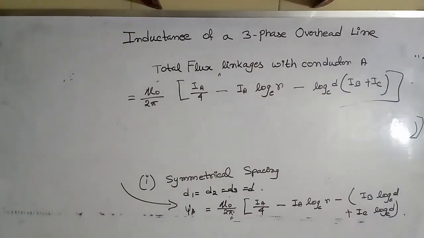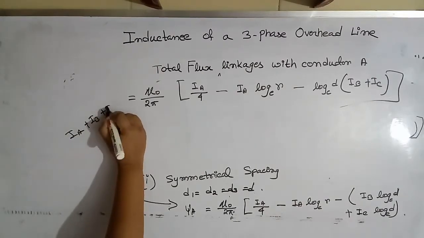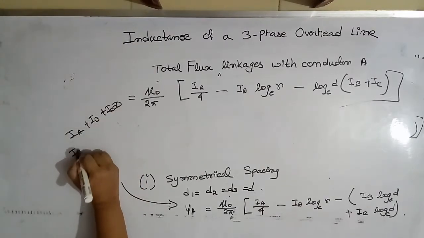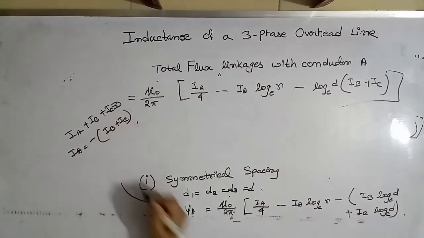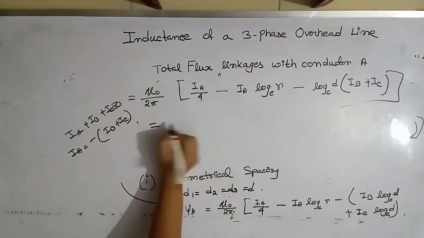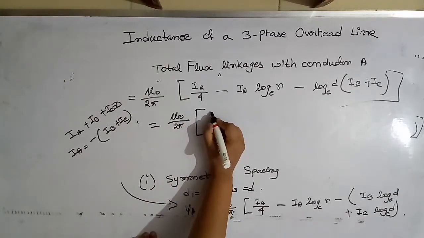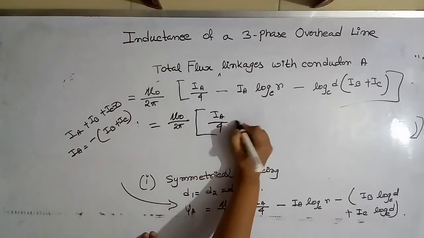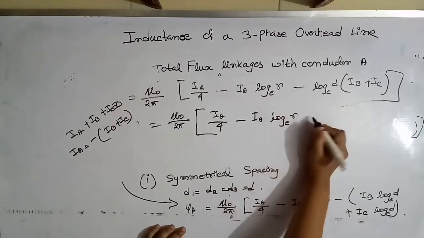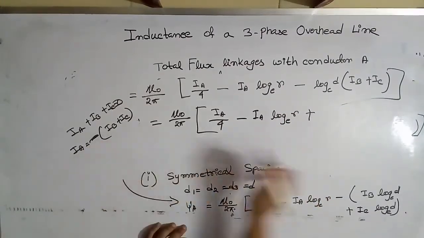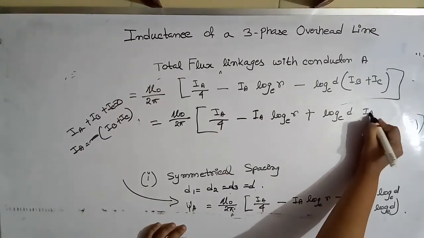Now as IA plus IB plus IC equals 0, we can write IA equals minus of IB plus IC. So in place of minus IB plus IC we can write mu 0 by 2 pi, IA by 4 minus IA log r, minus will become plus, log D into IA.